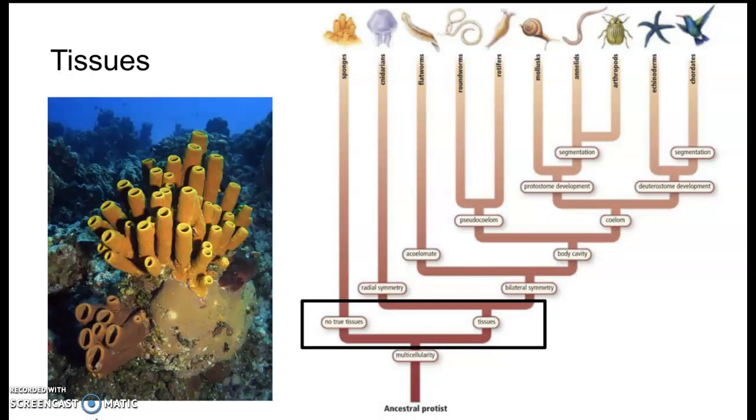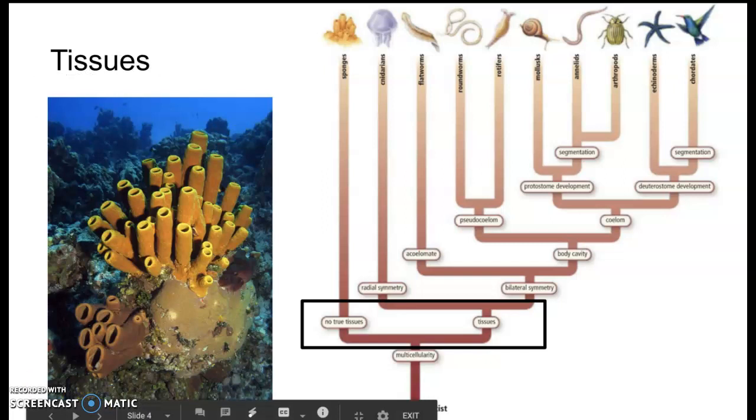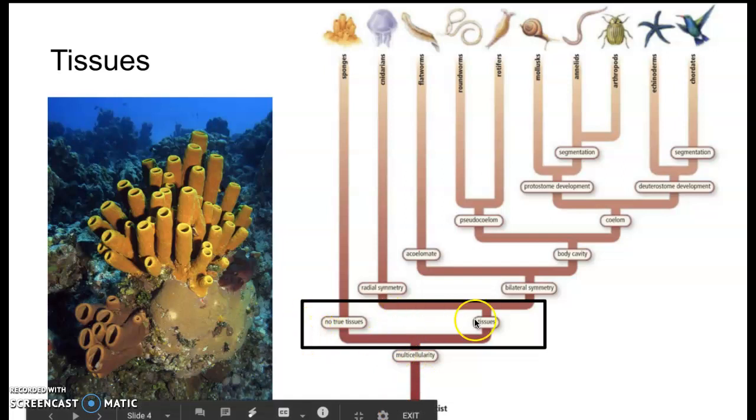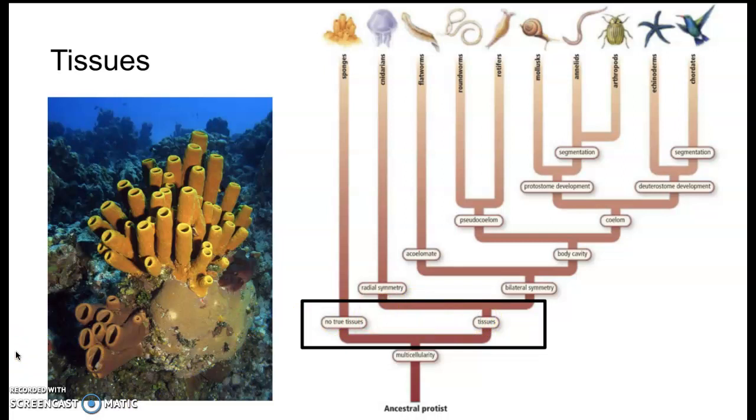Okay. Our first unit of division, our first plan, is the tissues. For the tissues, there's either tissues present or tissues not present. Remember, a tissue is a group of cells that work together to accomplish a task.